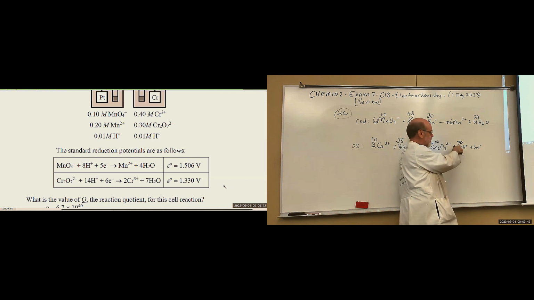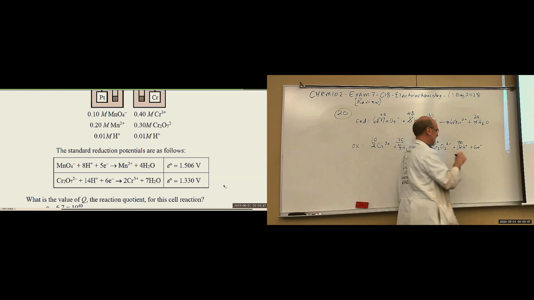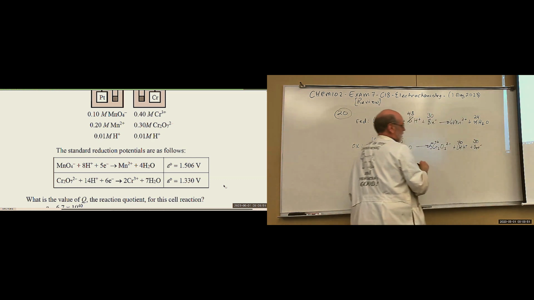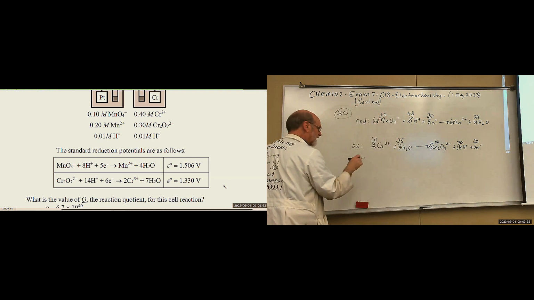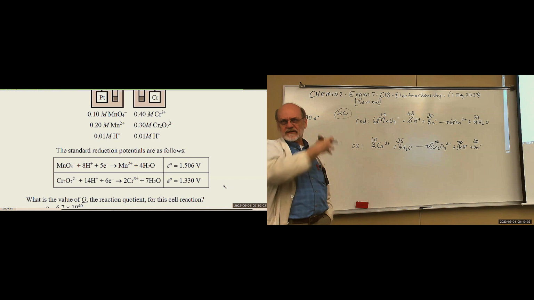Carry your 2 plus 5 is 7. Okay. And this one's 30. Okay. So in case we need it in the future, n equals 30 moles of electrons. I don't know if we're going to need it, but it's there.